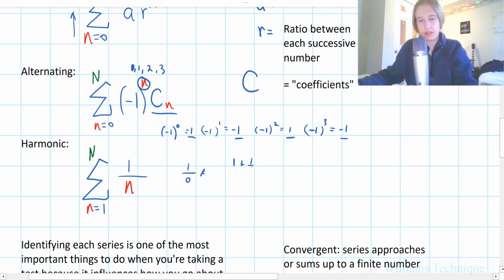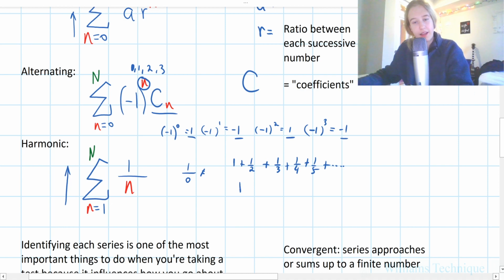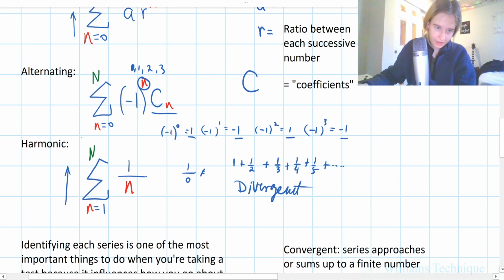What's important to note about the harmonic series is that the first term is 1, plus 1/2 if we start counting, plus 1/3, plus 1/4, plus 1/5, and so on. The thing to know is that this is 100% always going to be divergent.